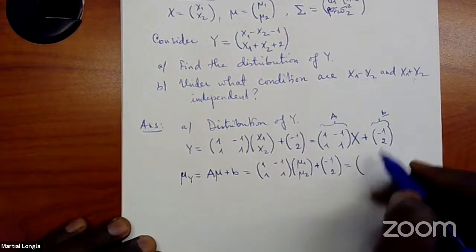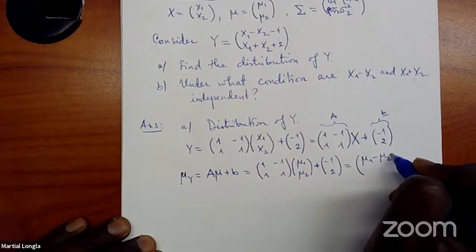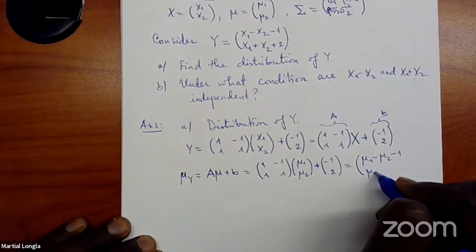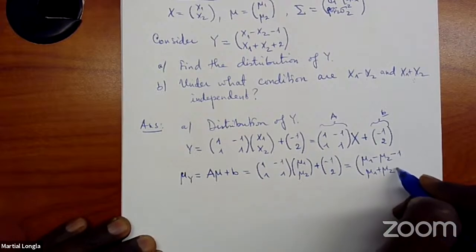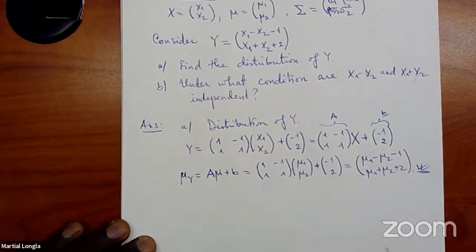So that is mu1 minus mu2 minus 1, mu1 plus mu2 plus 2. So that's the mean of the vector y.